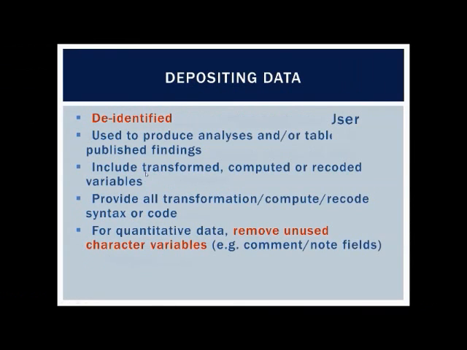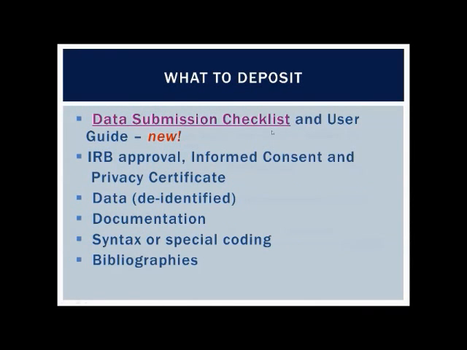In addition, let me go back a slide. In addition to the data submission checklist and user guide, you will need to supply a copy of the original IRB approval, informed consent, and privacy certificate, as was mentioned at the beginning of the presentation.